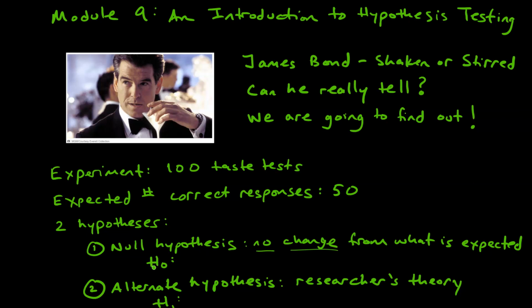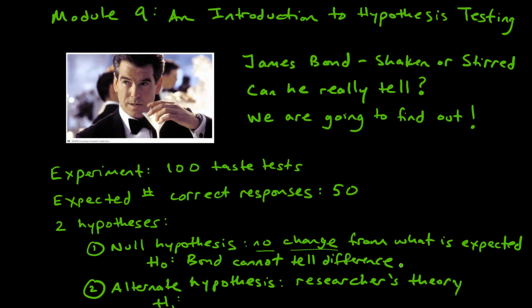The notation for the null hypothesis is H sub 0. And so you're going to see this a lot throughout this module. And so our null hypothesis would be that Bond cannot tell the difference between a martini that is shaken or stirred.